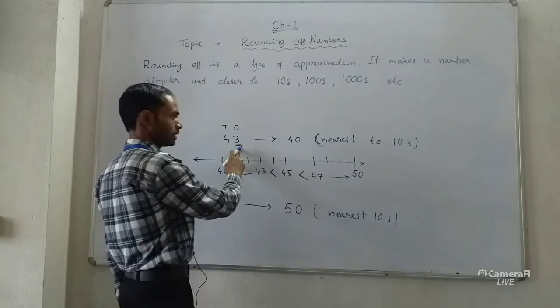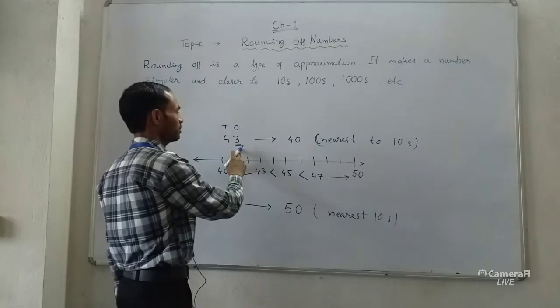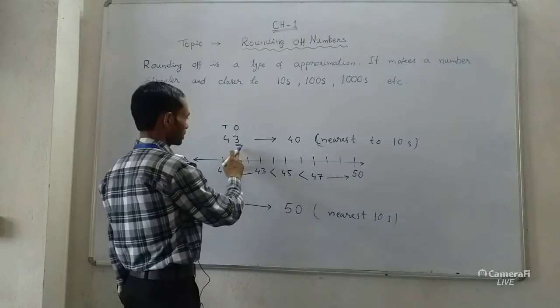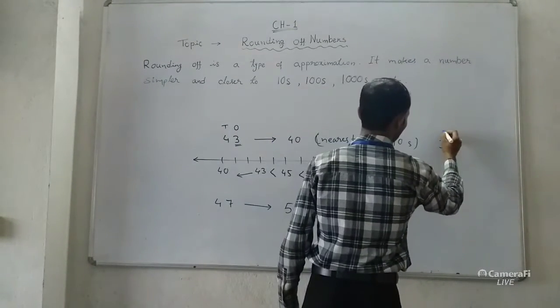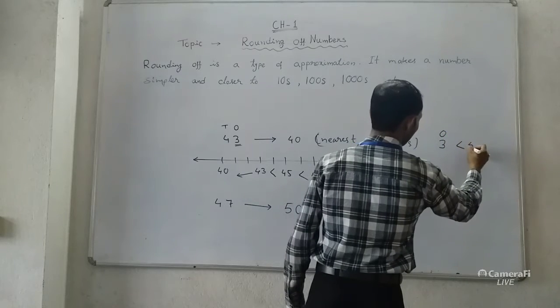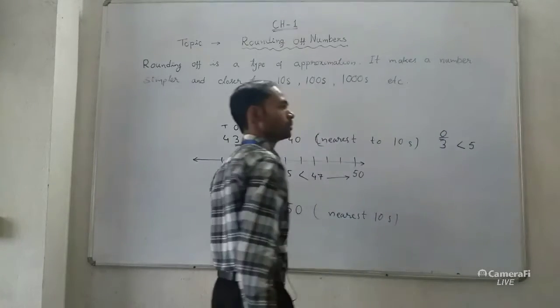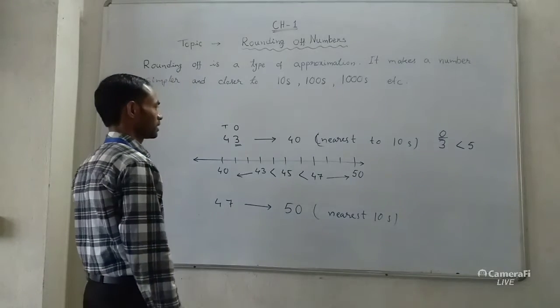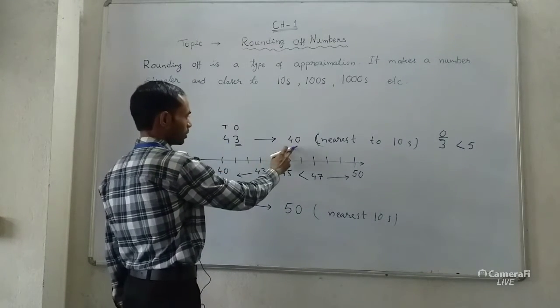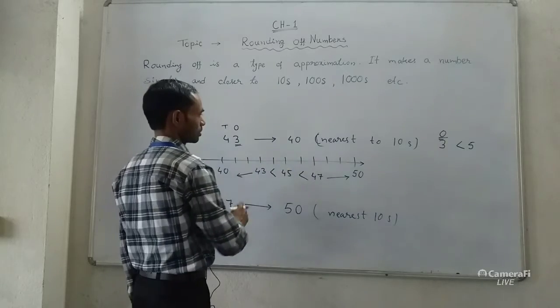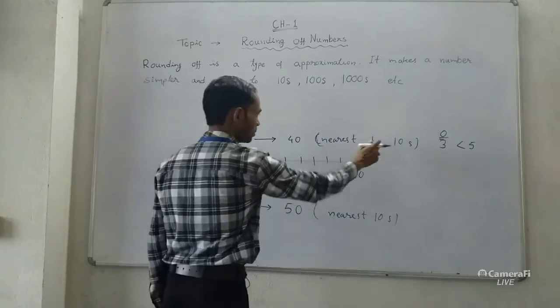Its ones place digit is less than 5. So we get the number nearest to 40. How? 4 remains 4 and 3 becomes 0. It becomes 40, nearest to tens.